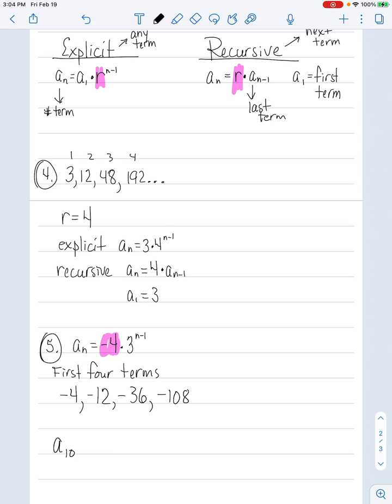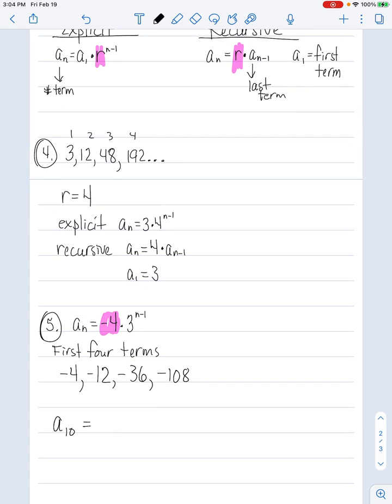Then we use this formula a little bit differently. We plug in -4 times 3, and then it says n minus 1. Well, my n in this case is 10, so 10 minus 1 is 9.